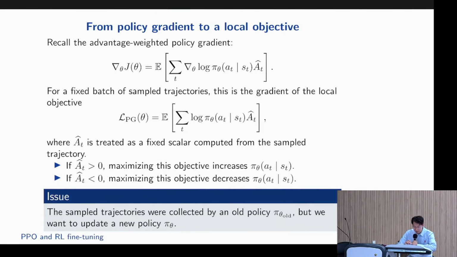From this policy gradient for a fixed batch of sample trajectories, this is the gradient of the local objective. What is the local objective? It's the expectation of the sum over t of log action probability weighted by advantage.